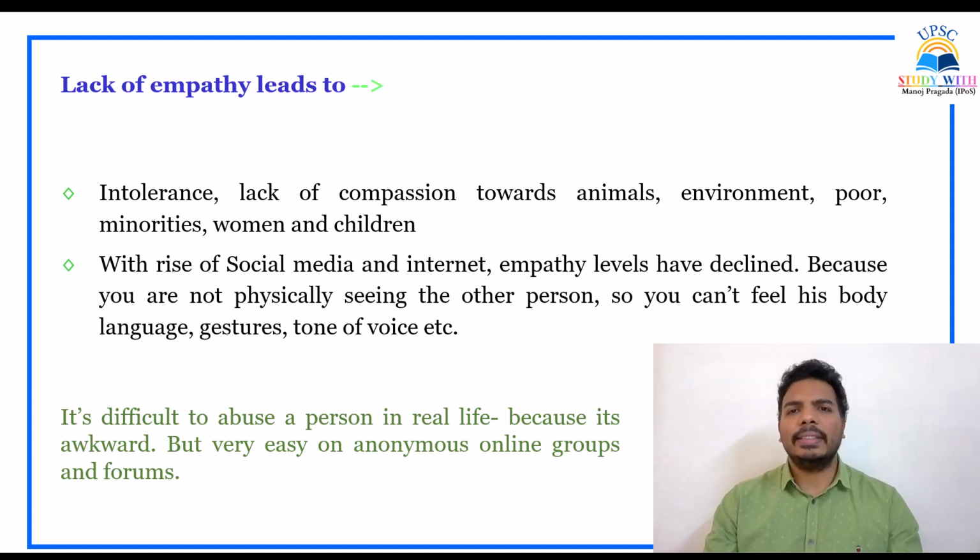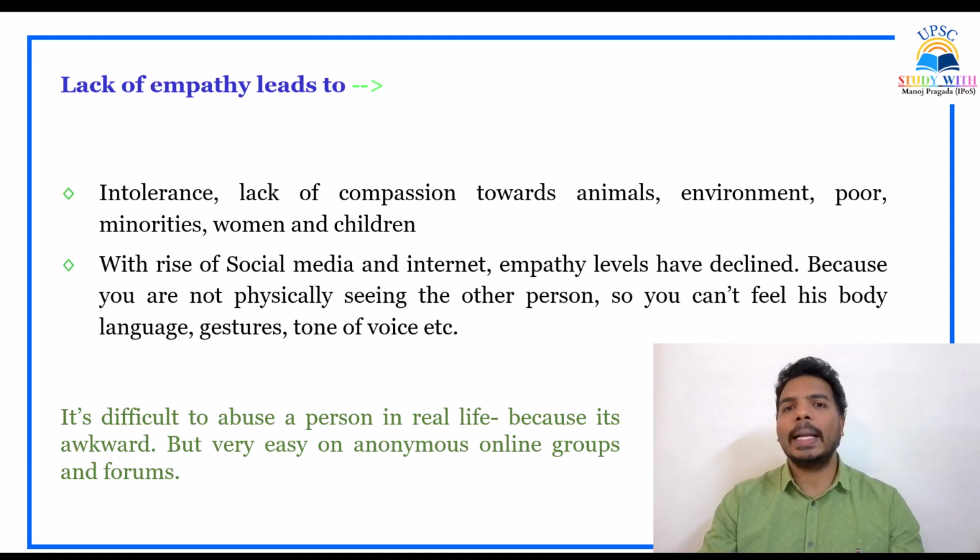If people are not meeting, and are only talking over the phone, Facebook, or Instagram, they can't develop an empathetic understanding of the other person's problem. It may be your family member, your relative, or your friend. You cannot understand their emotions and feelings.